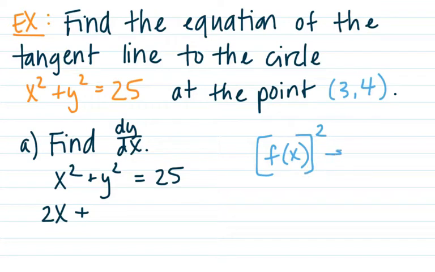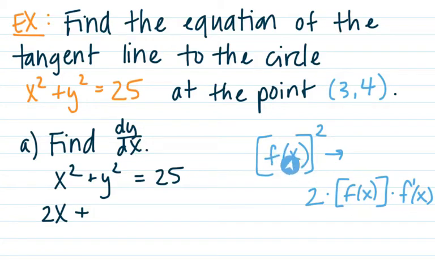If I find the derivative of that, we're going to use the chain rule, right? So it would be 2 times the function times the derivative of that function, except we're just using a y in this particular example instead of function notation. So the way we're actually going to write this is 2 times y, right?